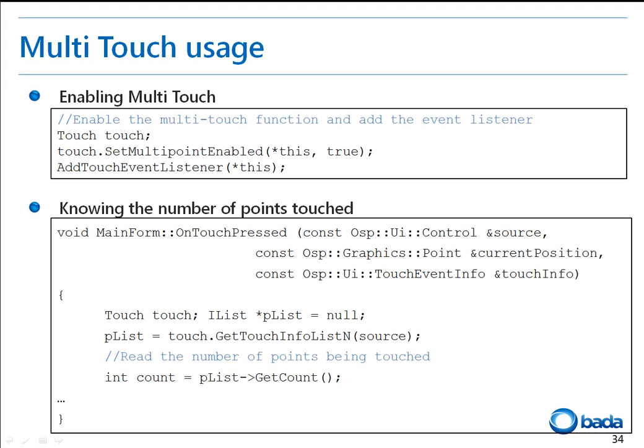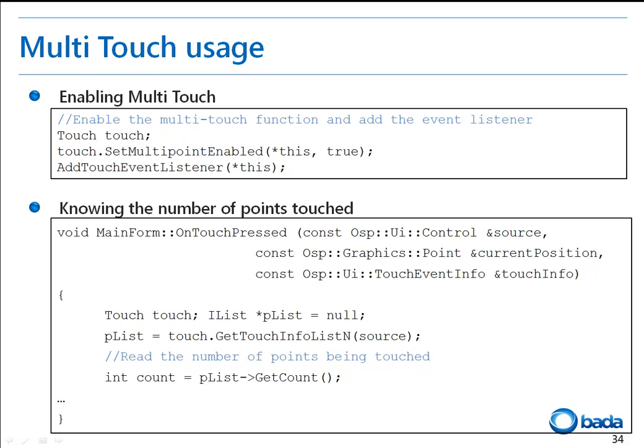To use multi-touch, we first need to enable multi-touch as shown, i.e., using the method setMultiPointEnabled and adding the touch event listener using the addTouchEventListener method. Once a user touches a point, the event onTouchPressed is received by the application.